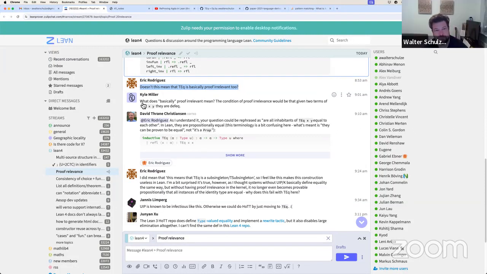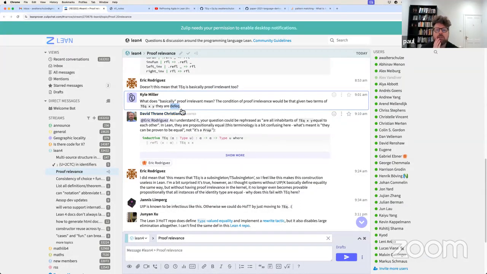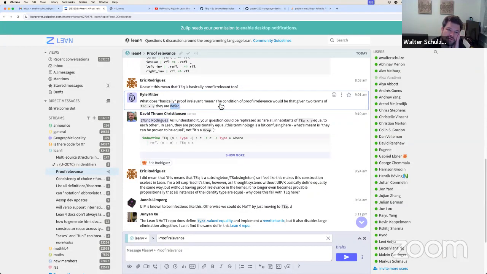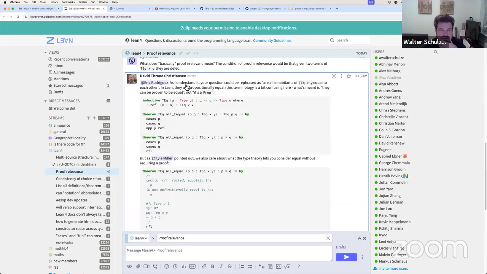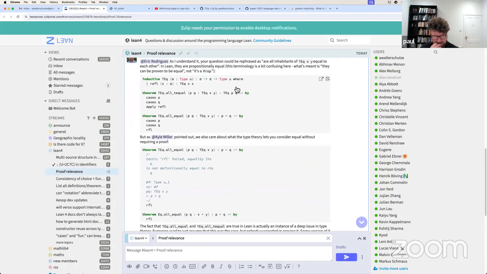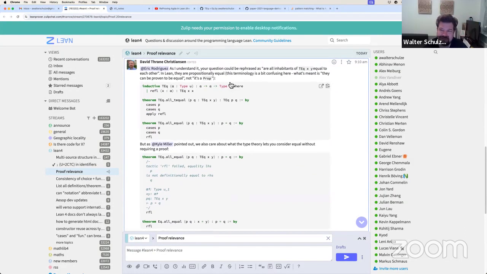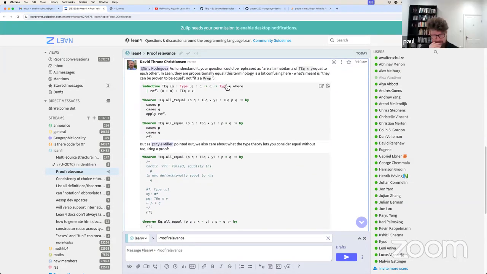And I don't know what this word means. Definitionally equal, oh, okay, perhaps. Okay, and then we even got David Christensen chiming in, so if he chimes in, something needs to be explained.